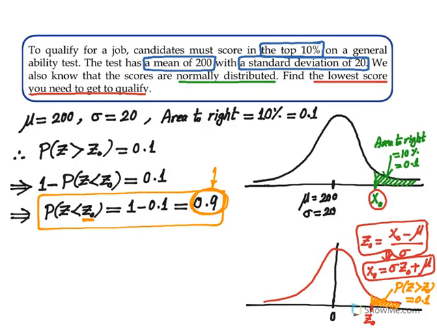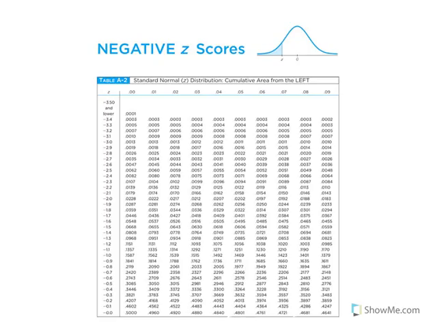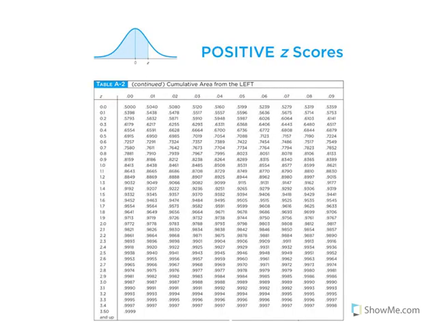This is from the z table, so we can use the table immediately. In the z table now you will be looking for 0.9. Of course, it's not in the negative, it should be in the positive.